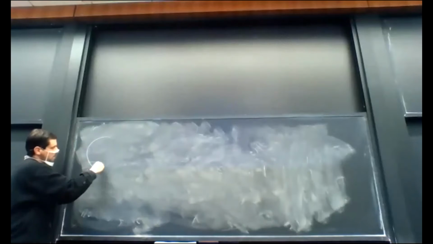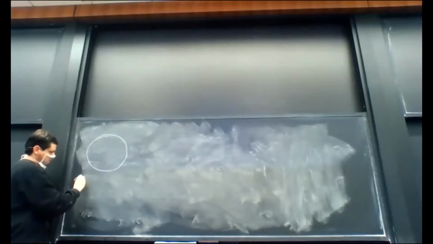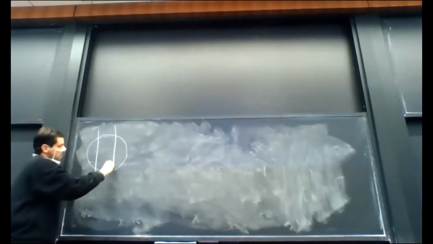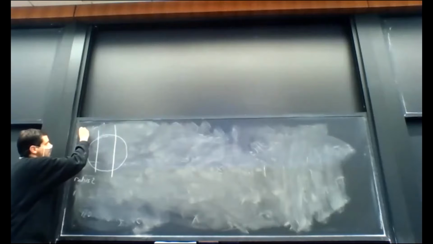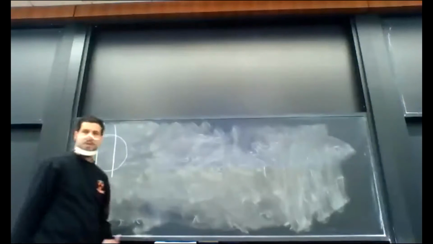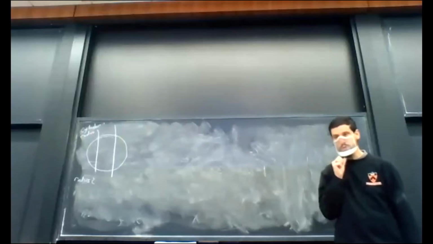We have a sphere of radius 2. And then we have a cylinder of radius 1. And the idea is we remove that cylinder from the sphere, and we look at all the points that are left.